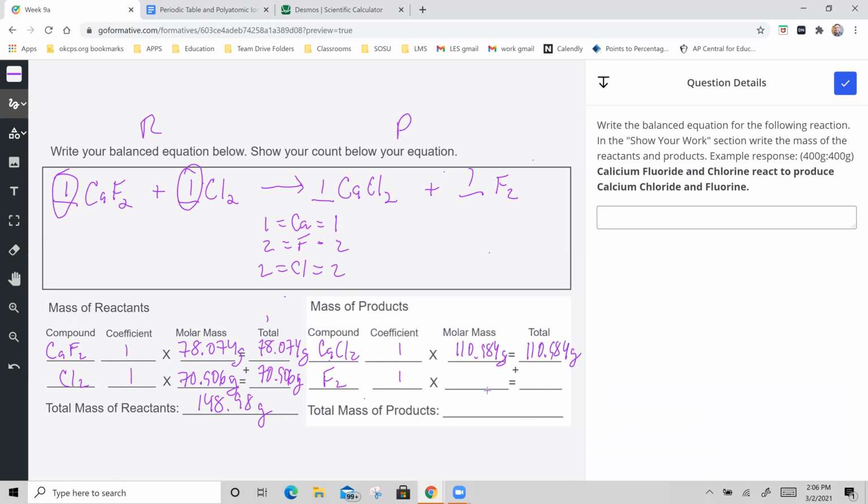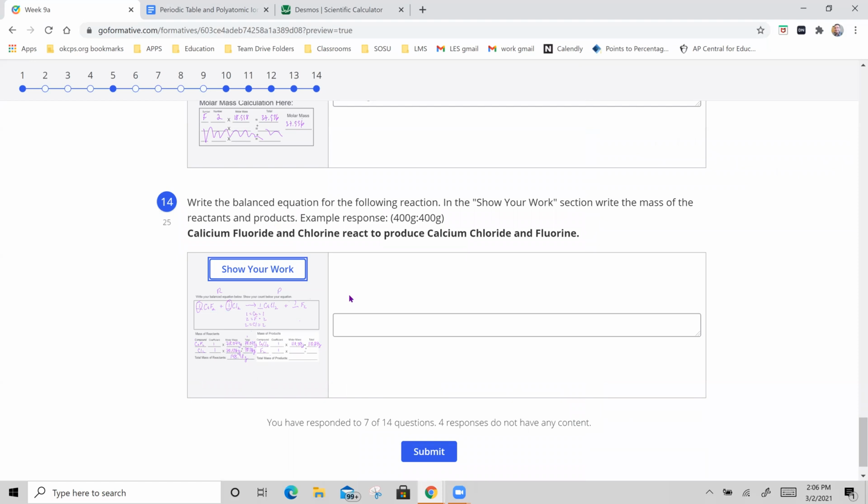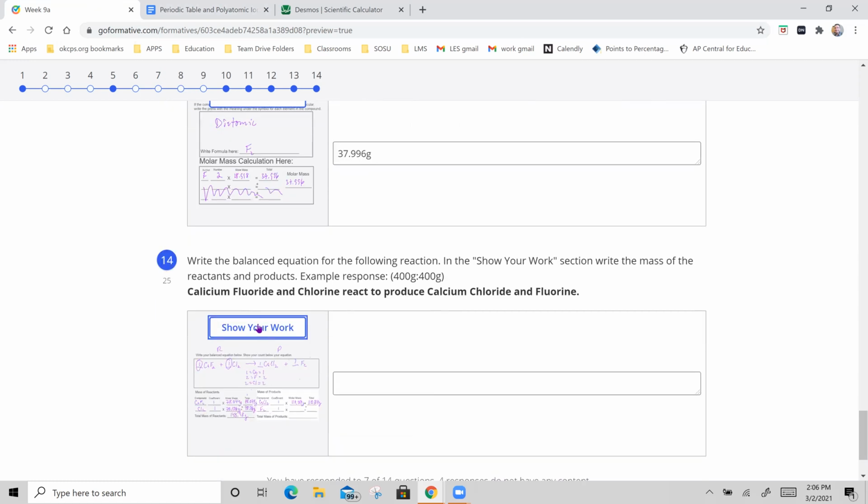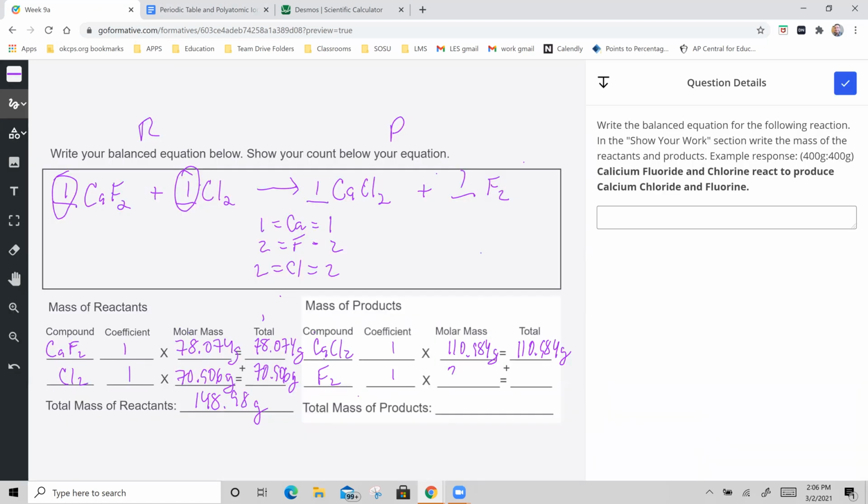For F2, we said it was 37.996 grams, which multiplied by 1 is 37.996 grams.